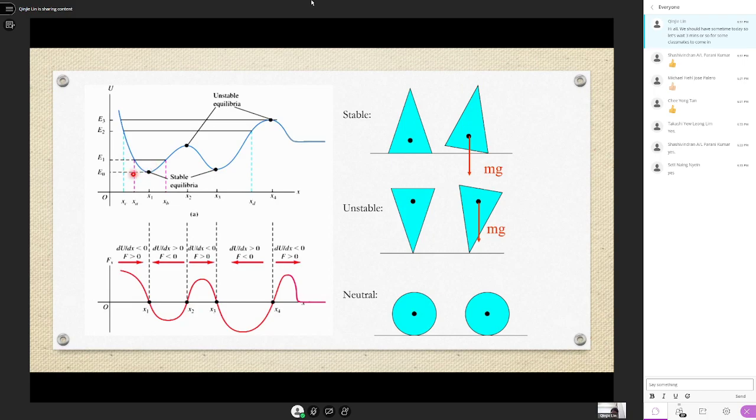Systems tend to return to the lowest energy point. If you displace here, it's going to return here. So these are representations of stable equilibrium.